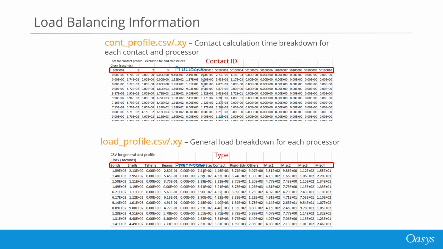What these files output is the summary of the processor load balance for the entire job run. And this is quite useful to figure out the processor load balance across all the cores on which the LS-DYNA simulation is run. It does this in terms of element formulations like solids, shells, thick shells, or beams. It does it in terms of time steps, contacts, and also rigid bodies.